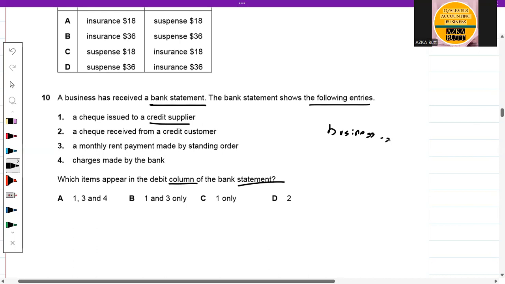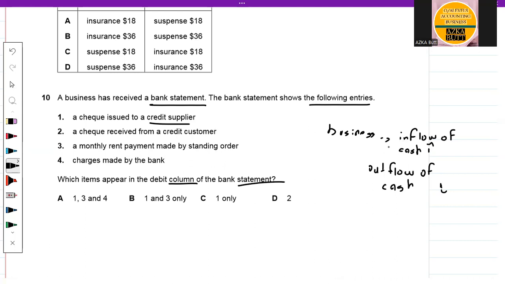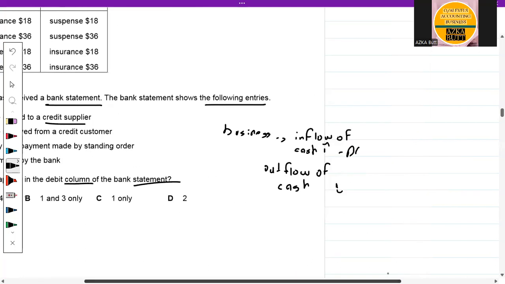Whenever there is an inflow of cash, it will increase the cash book, and whenever there is an outflow of cash, it will decrease the cash book. For example, if you are depositing money into your bank, it is a debit for you, but it will be a credit for the bank, because the bank's liability has increased.